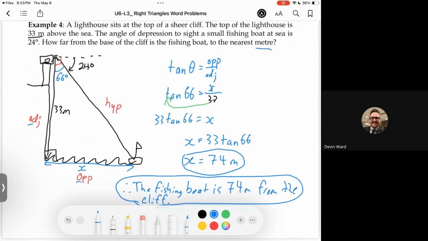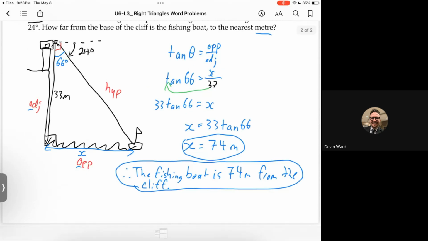Okay. So that is it for our problems for right angle triangles. And that's actually it for right angle triangles for now. On Monday we are going to do an in-class assignment about right triangles.